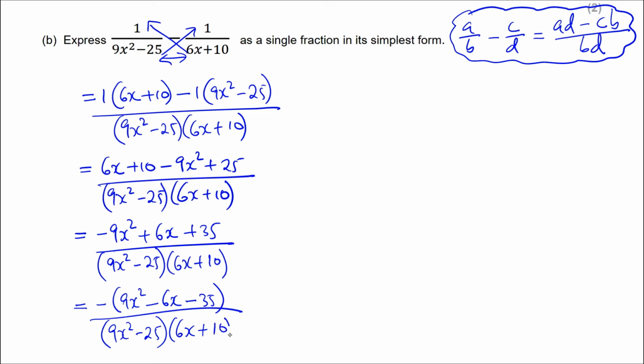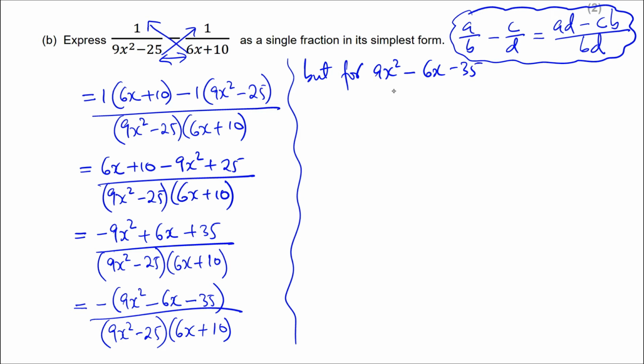All right, so but for 9x squared minus 6x minus 35, basically what I want is to factorize this expression.